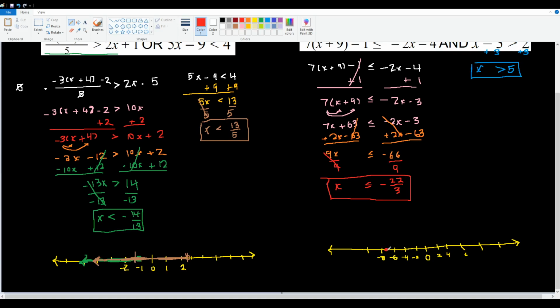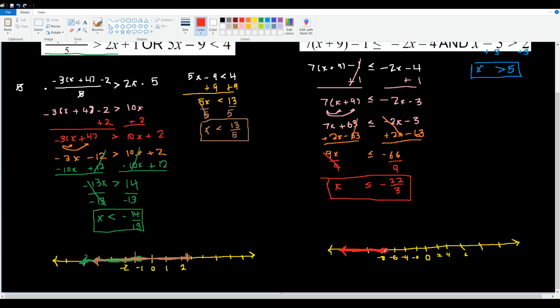And it is less than, so it would just go this way.